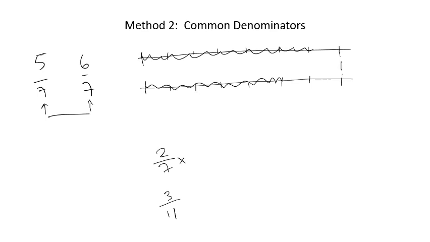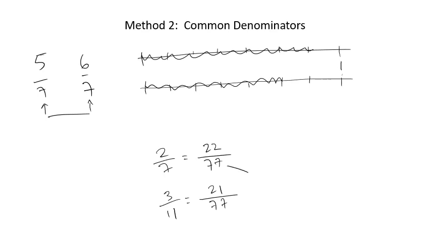So what we're going to do is make these so that they are the same size. As we saw in the previous slides, we know that these are going to be 77ths as our pieces. So we're going to multiply this by 7 over 7, so this makes 21. Multiply this by 11, and this makes 22.